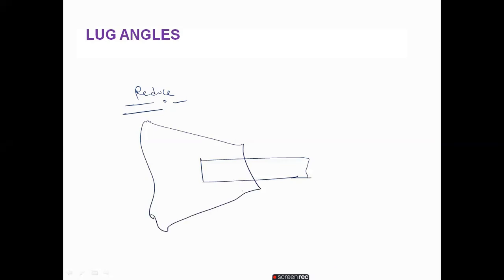Suppose you see, I will draw like this. There is a plate like this and there will be a gusset plate like this. Sometimes the length of this member, if it is our main member, is more, and if you want to reduce it, you will provide this, which is our lug angle.